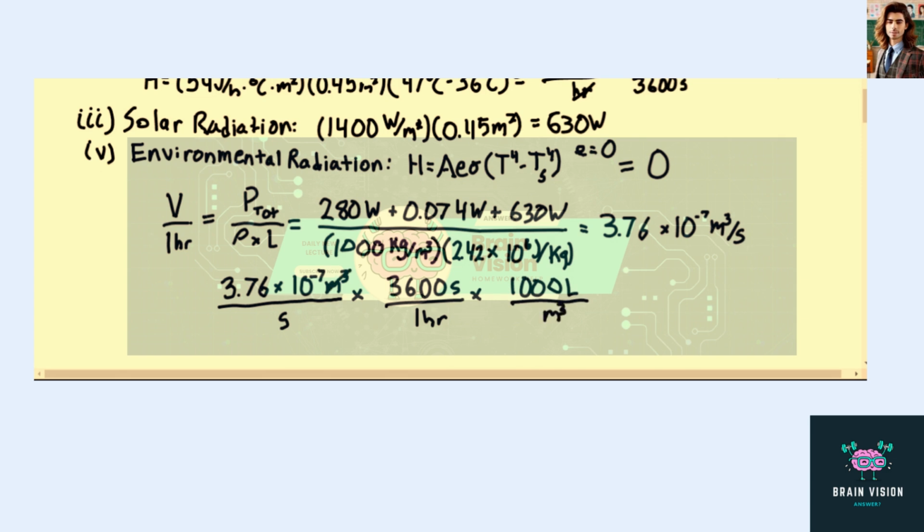When we do that, we can cancel these out. And this person now will only need to sweat at a rate of 1.35 liters per hour in order to maintain a constant body temperature.